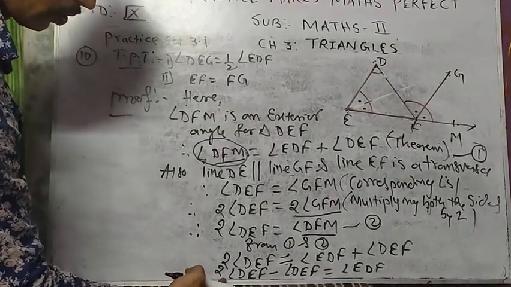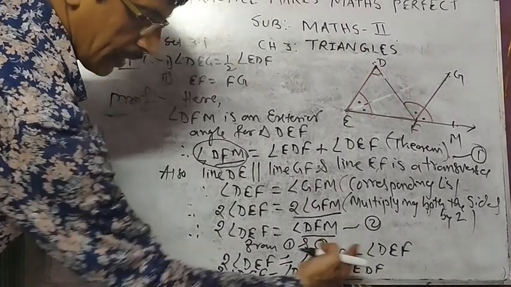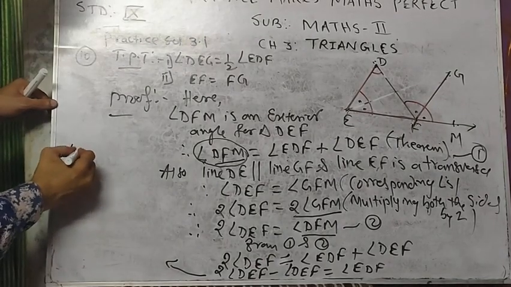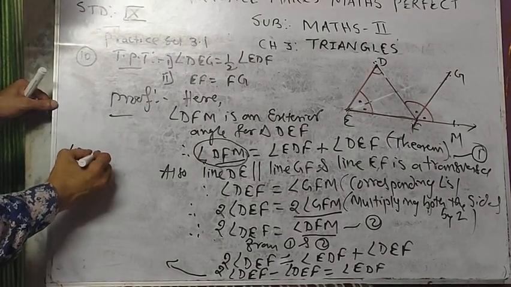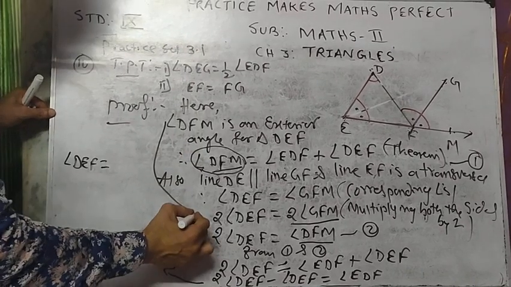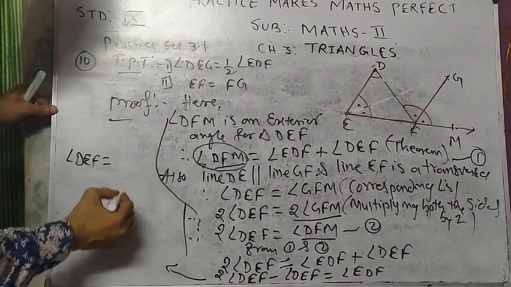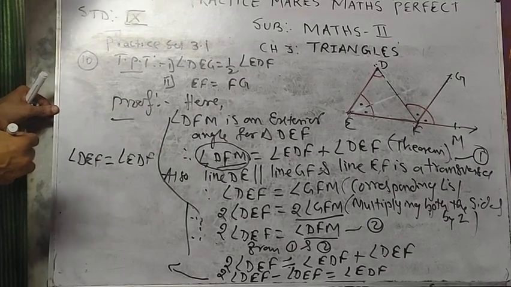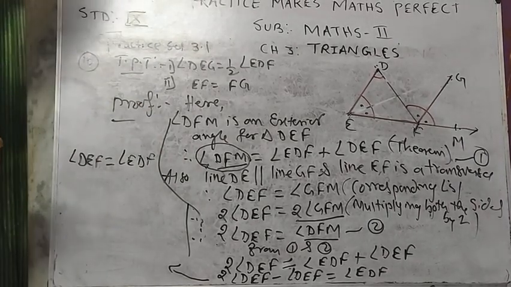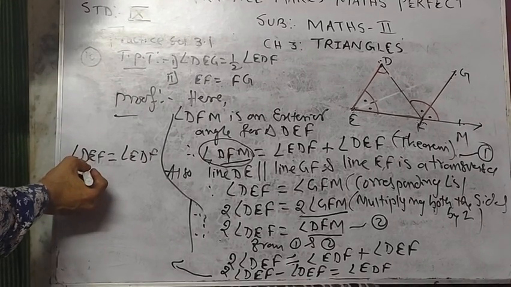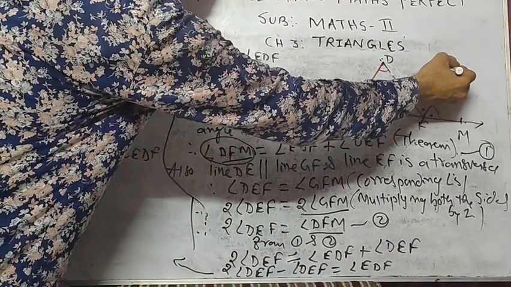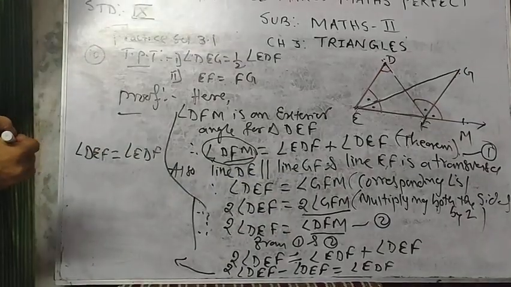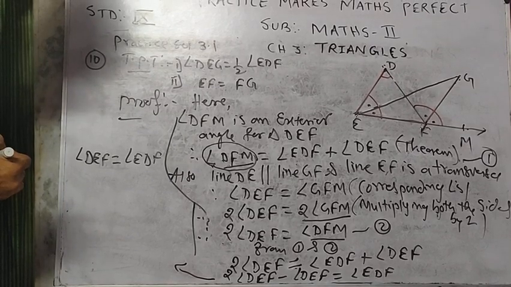Twice angle DEF minus this, plus will come here and become minus. So you will get angle DEF is equal to angle EDF. Like this you will get. So DEF means twice angle DEG, because EG is the bisector.